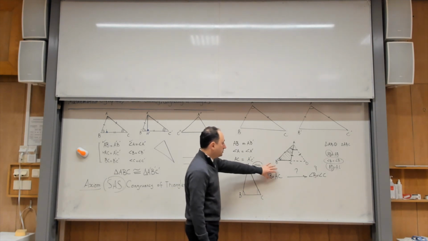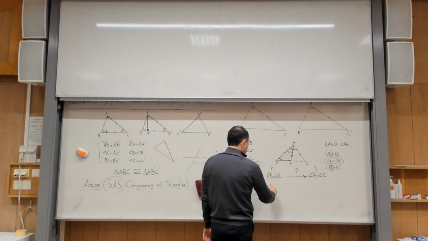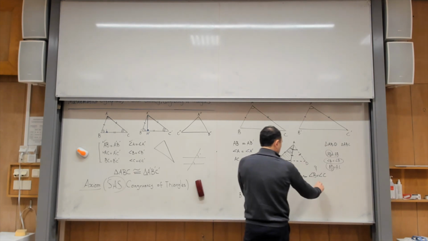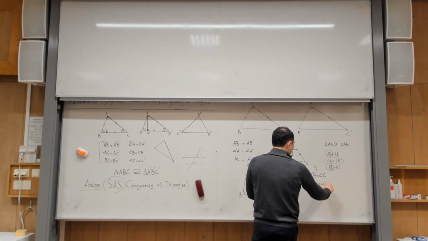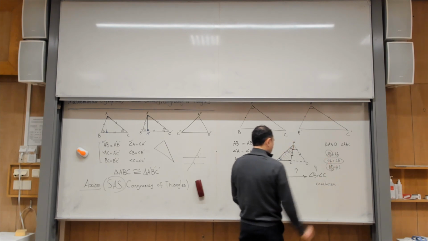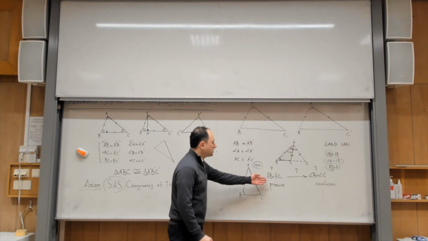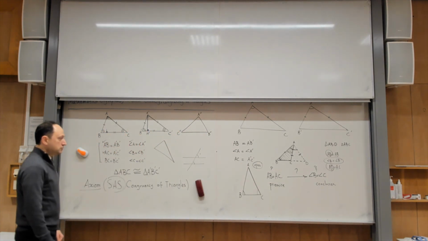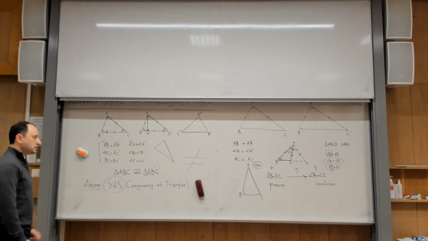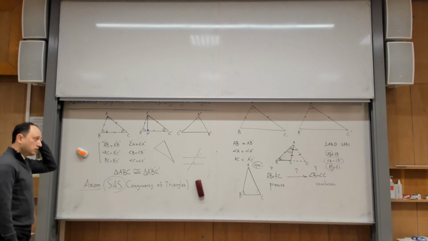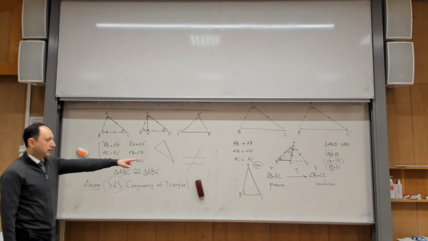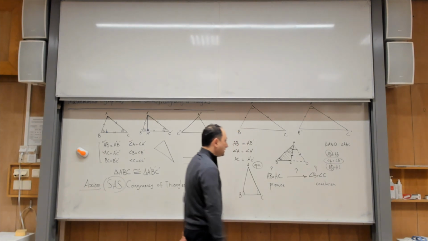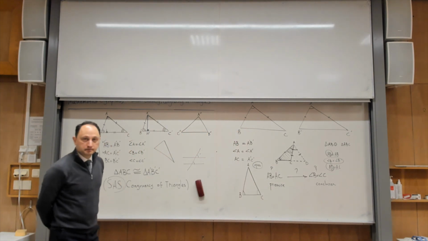And it is good to know the names of these. This is called the premise, and this is called the conclusion. Sometimes you can also call it an assumption, but the more formal way is the premise. So the premise is that AB is equal to AC. The conclusion, I have put a question mark on top of this implication, is angle B equals angle C. Why is that?